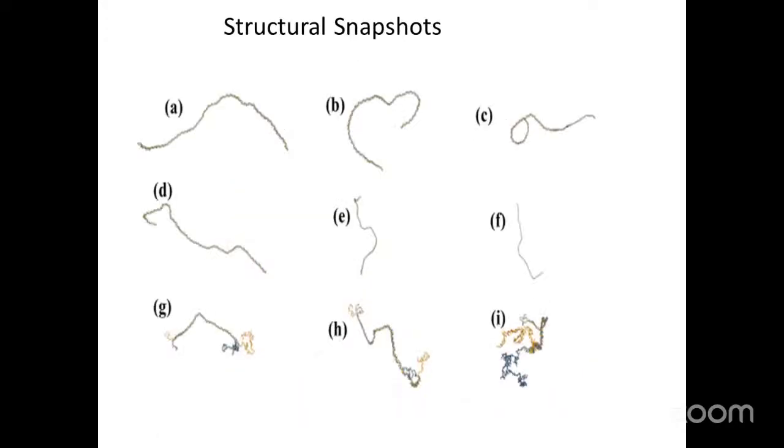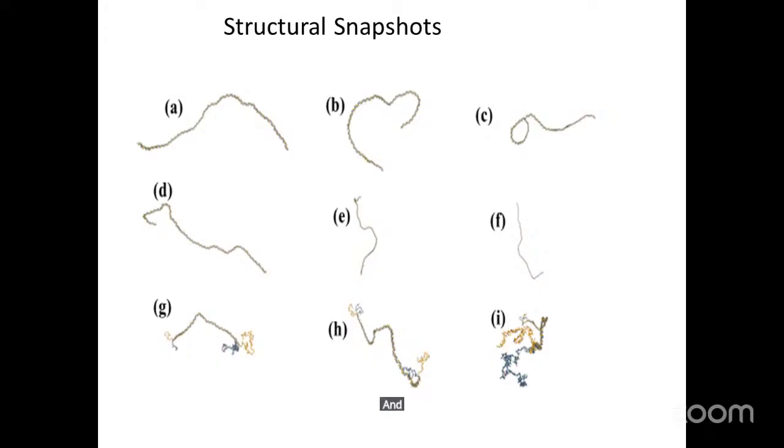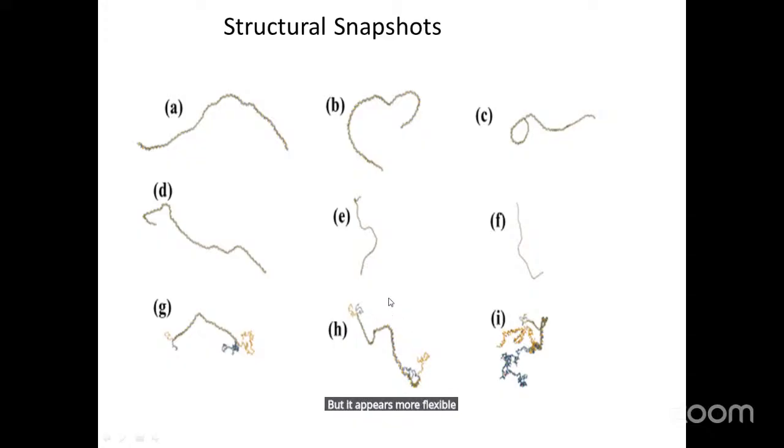This is the structural snapshot from our simulation results, which helps us visualize the physics. As we can see, at low temperature the structure is compact and well ordered. At higher temperature, the structure remains intact, but it appears more flexible and dynamic.